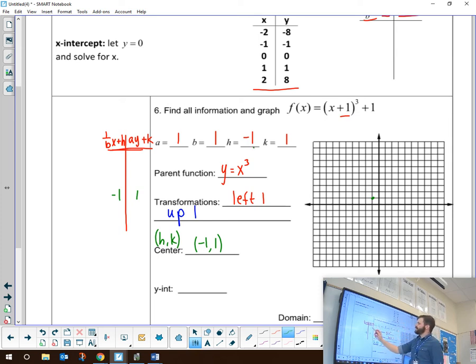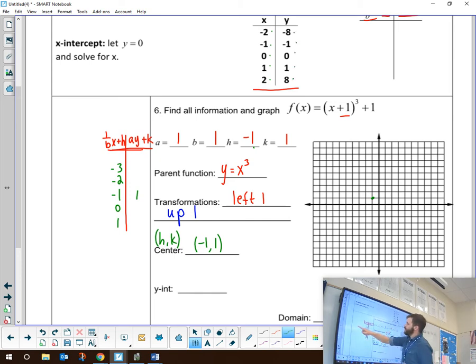B is not going to affect everything, so we're going to take each one of these points and add -1 to each one to get my x values, because we don't have to worry about b. So it's going to be -1, 0, 1, -2, and -3. And on the other side, my y.